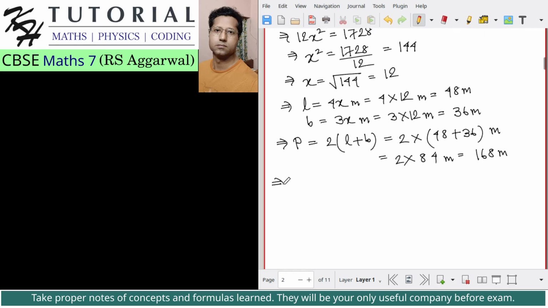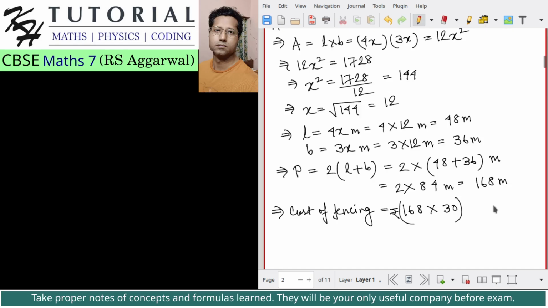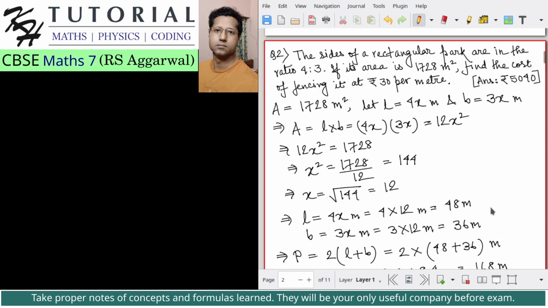So the cost of fencing will be equal to 168 multiplied by 30 rupees. Now why are we multiplying? 168 meter is the perimeter of the rectangular plot, and the rate of fencing is rupees 30 per meter. The cost of fencing will always be per length, and the unit of length could be centimeter or meter.